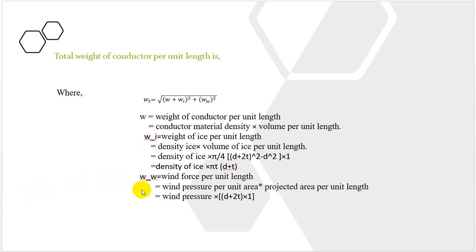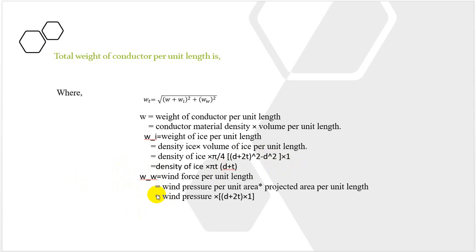Density of ice into pi by 4 into (d plus 2t) whole squared minus d squared into 1. That means volume of ice per unit length is pi by 4 into (d plus 2t) whole squared minus d squared into 1, which equals density of ice into pi t into (d plus t).